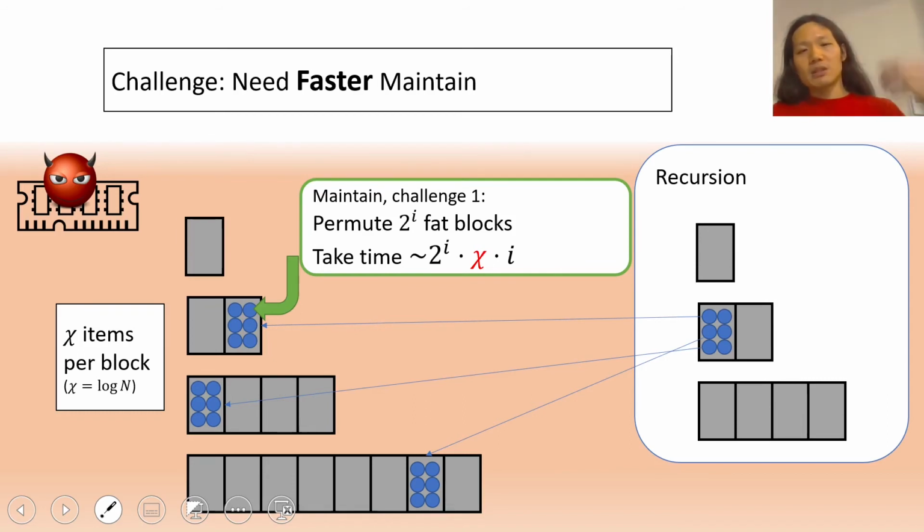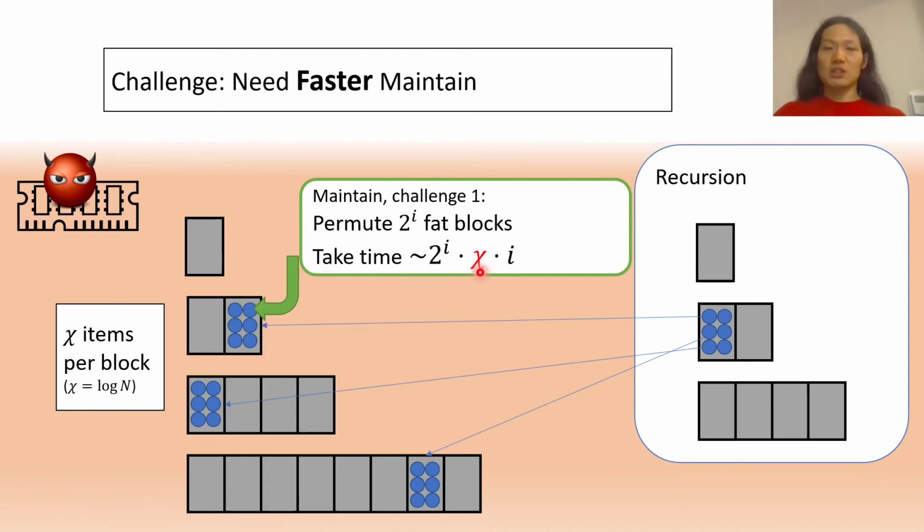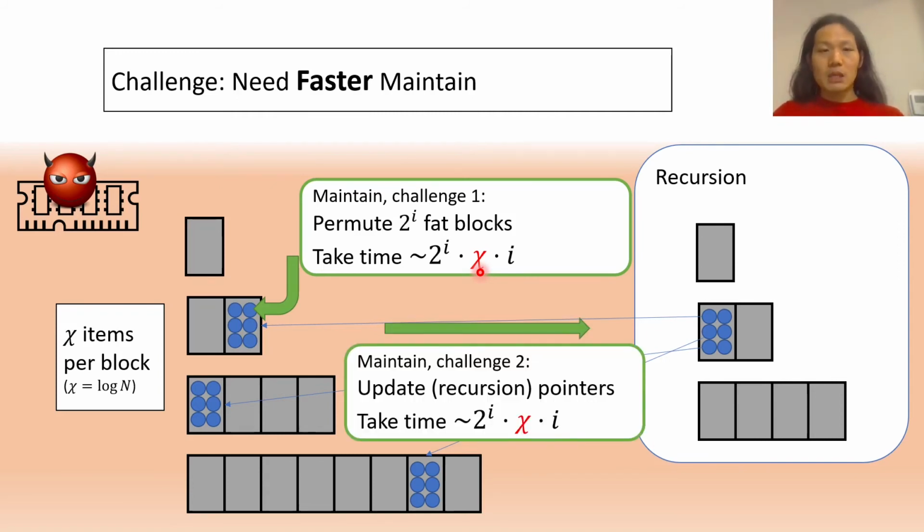Previously, our blocks are small, so it is faster, but now it's chi times larger, so the cost is chi times. In the second major step, after we permuted 2 to the I fat blocks, we need to update the corresponding pointers in the recursive position map, because the pointers in the recursive position map point to the permuted fat blocks.